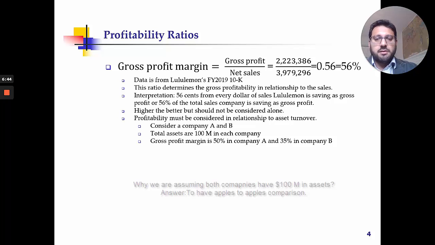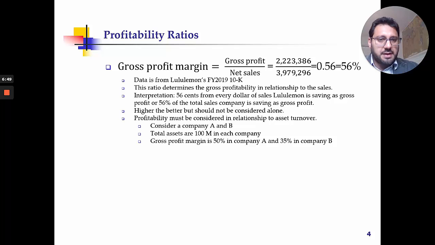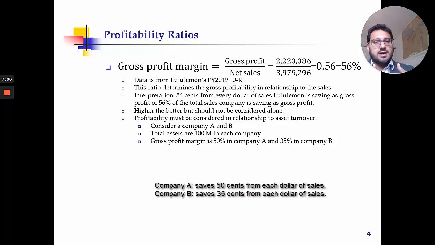Now, if the gross margin is 50% in company A and 35% in company B, it means from each dollar of sales, company A is spending 50 cents under the head of cost of goods sold, and the rest 50 cents they are saving as the gross profit.